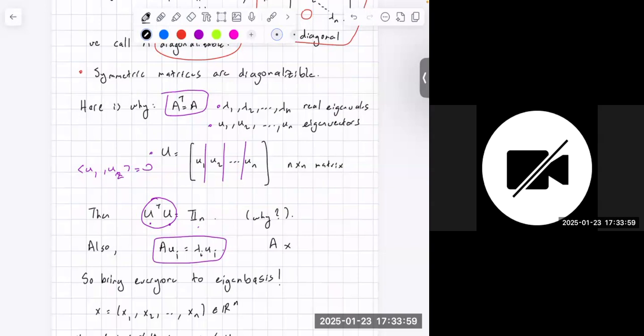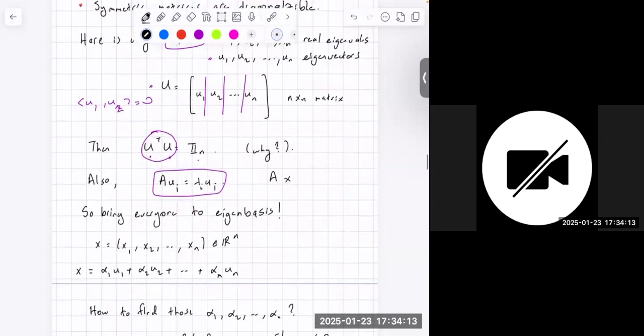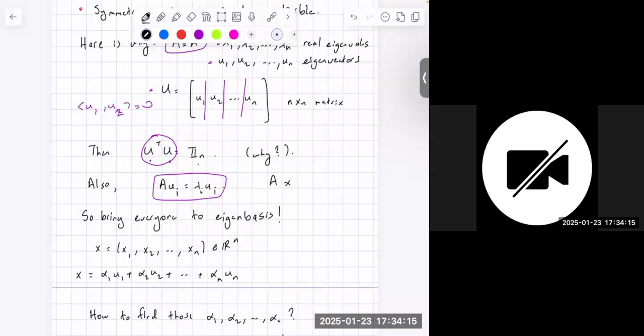Take your input x, decompose it into those building blocks, and for every single building block you know exactly what's going to happen. Then you just collect it back. The mathy way to write what I just said is this: take your x and decompose it into the eigenbasis, some number times the first eigenvector, some number times the second eigenvector, and so on.